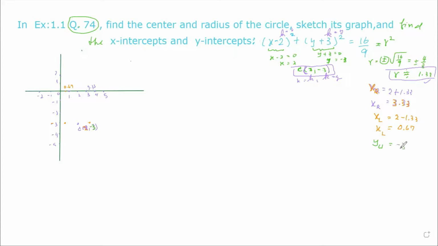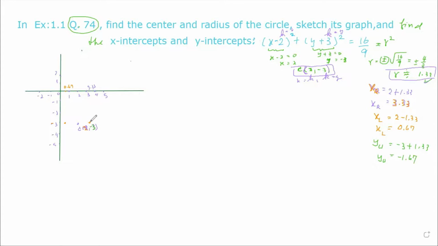Going up, you use plus the radian again, 1.33. So -3 plus 1.33, what do we have? We have -1.67. So the value of Y, negative Y, goes up.